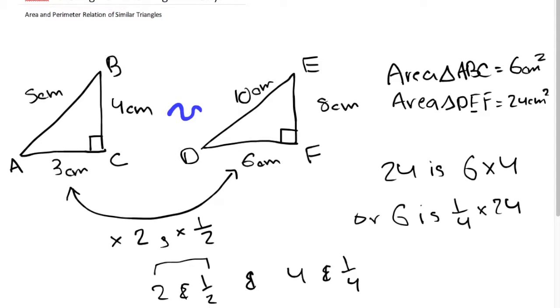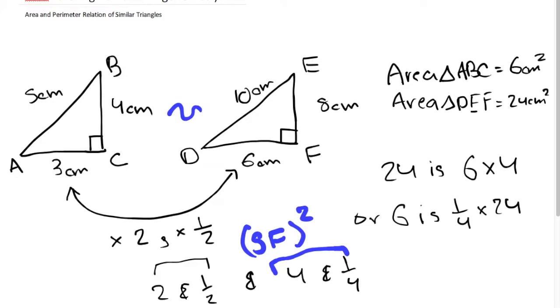The relationship is basically the scale factor, if you square it. So let's say SF is the scale factor. If you square it, whether it's 2 or 1/2, you get the area relation. So that's the relationship. Now, say for example, you only knew the area of ABC and you didn't know the area of DEF, but you knew both were similar, and you knew the scale factor.